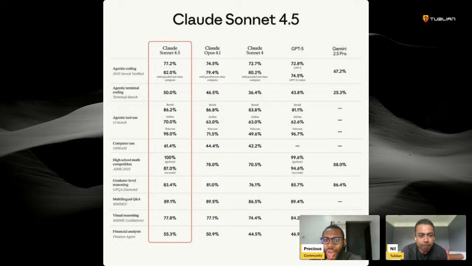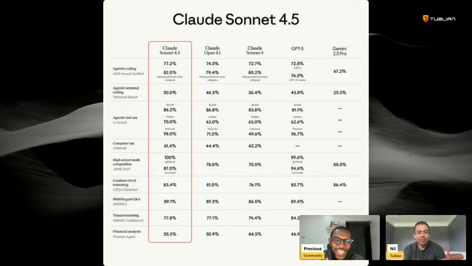When it comes to coding tasks, it's 82% on SWE-bench, while Opus 4.1 is 79%. Then if you come down, terminal coding is 50%, while the previous models have like 46 and 36. And guess what? GPT-5 is at 43.8, while Claude Sonnet 4.5 is at 50.0, right?